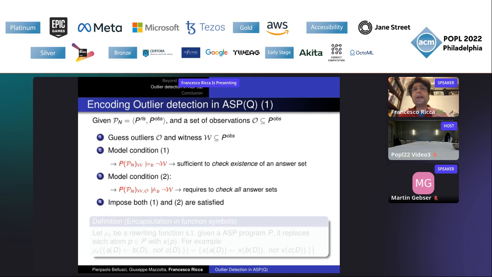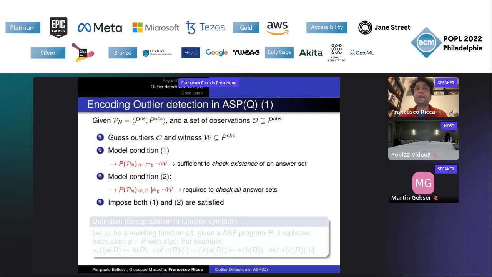So to check the first condition, which can be easily modeled by two rules, it is sufficient to check the existence of an answer set. If there exists an answer set of this program on the left that doesn't derive the witness, we are okay.